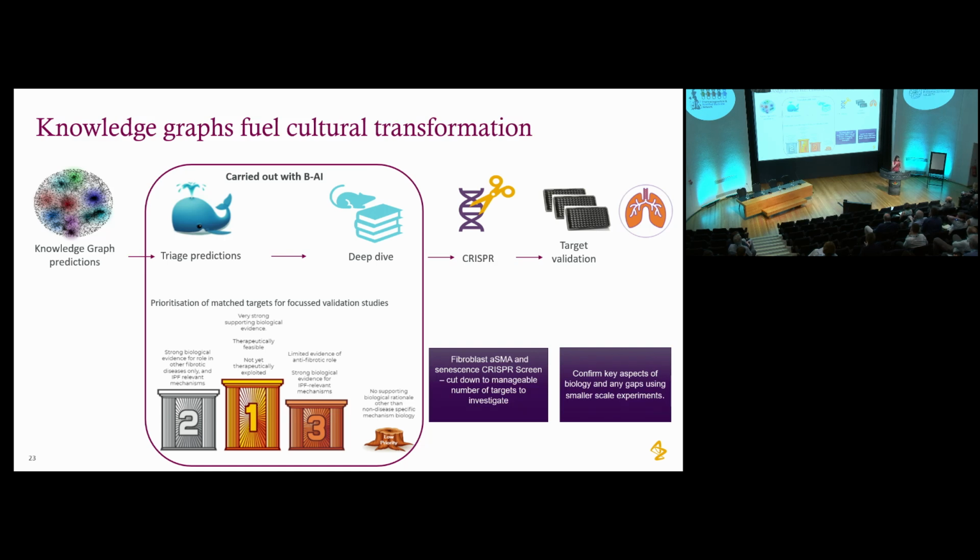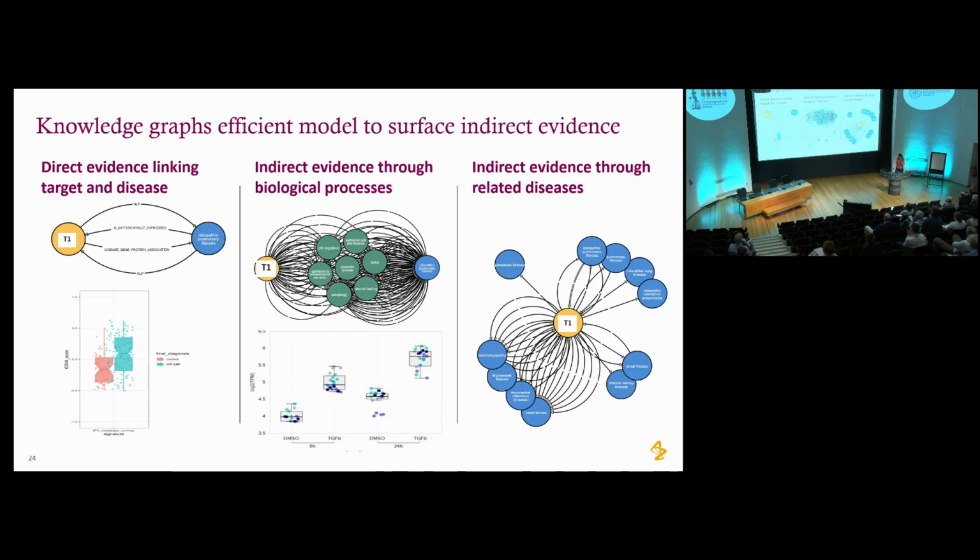So using their proprietary methods, we've generated our knowledge graph predictions, after which we again had to triage the targets and prioritize them based on the biological evidence and the feasibility. Then these prioritized targets were assessed in a CRISPR screen, followed up with smaller scale experiments for the CRISPR hits. We've applied this knowledge graph target identification onto multiple indications, but I'll focus on idiopathic pulmonary fibrosis.